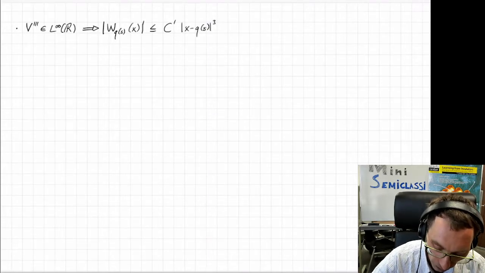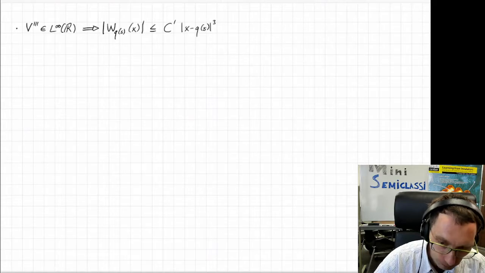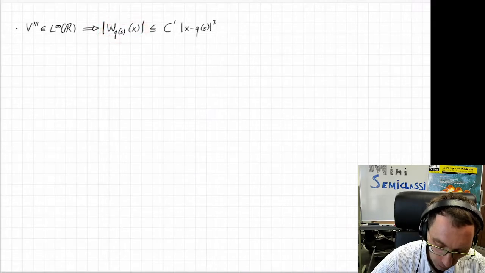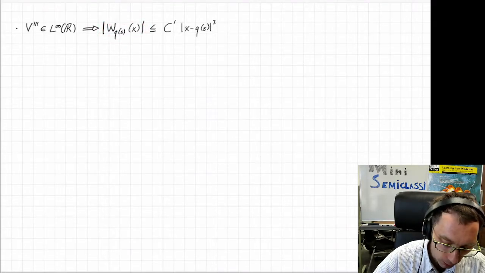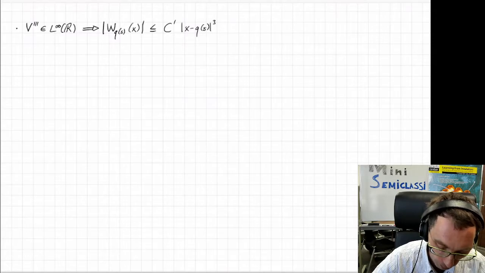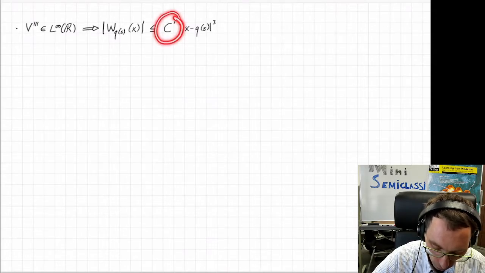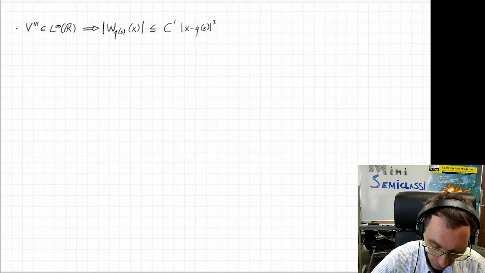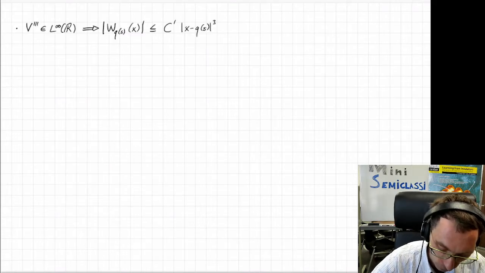Right? This is just saying that the remainder is big O of x minus q of S cubed. And because the third order derivative is assumed to be bounded, I can choose this constant C so that this holds everywhere in X.